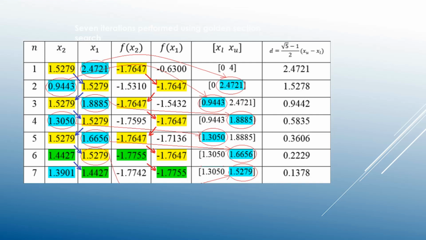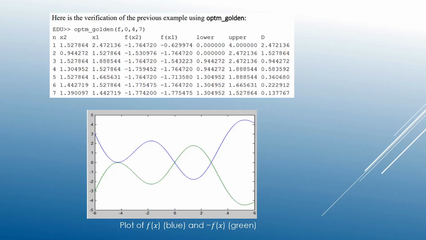This is the tabular form showing how we find the optimizer values and the function values. In the 7 iterations we found these f of x2 and f of x1 values within the intervals. So here is the graph we obtained in MATLAB by running the program.